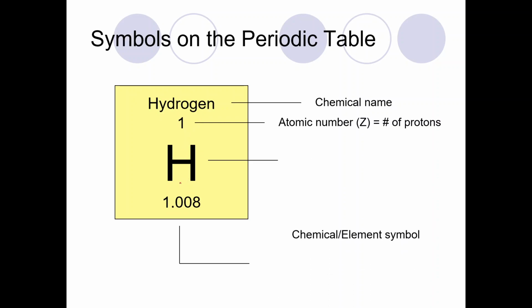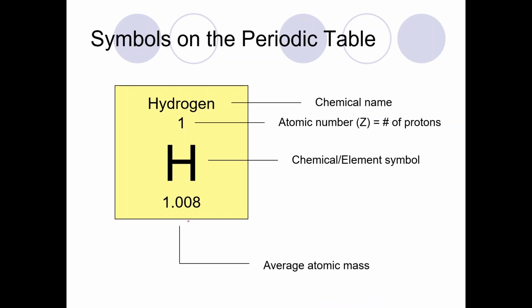H is your element symbol. And remember, this mass value here is not the mass number. This is your average atomic mass. Sometimes it's just called atomic mass. And remember, this is a weighted average of all of the isotopes.